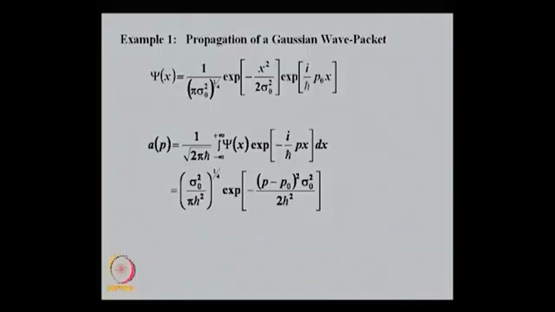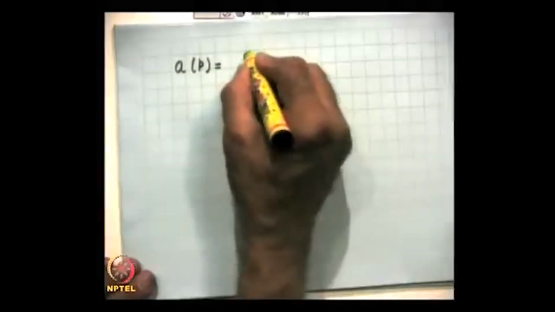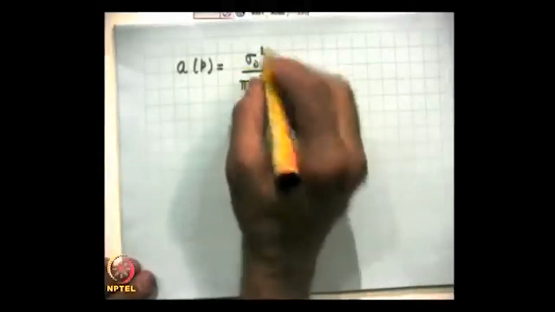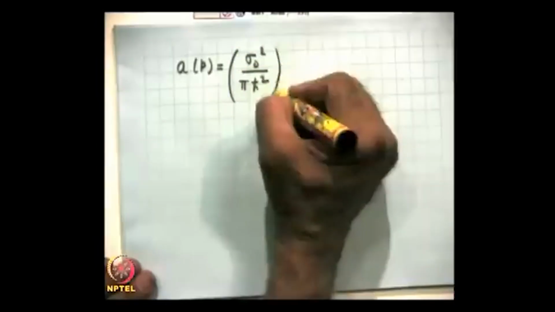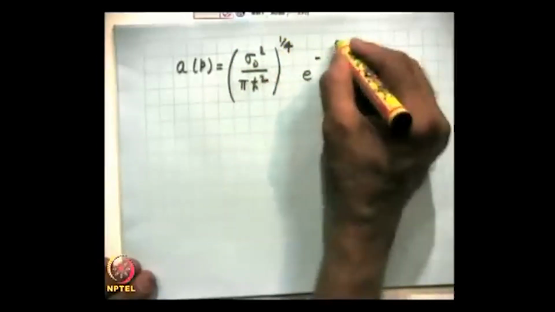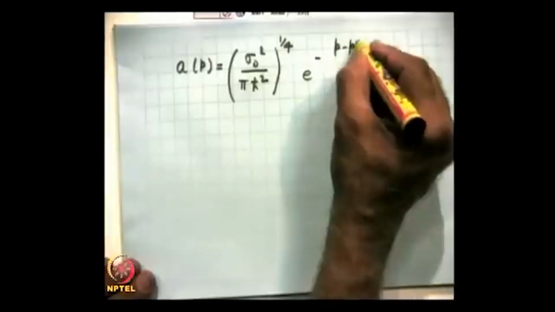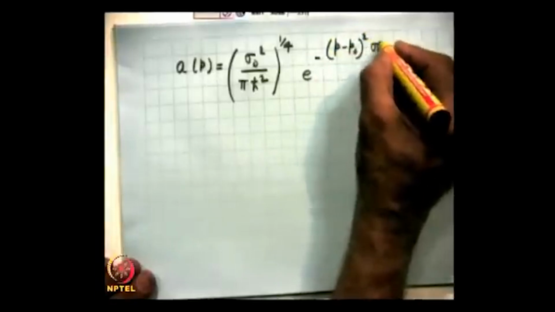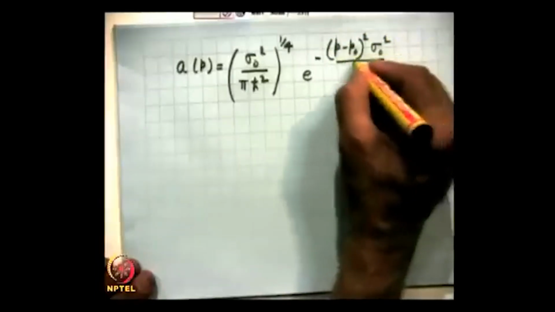So, let me write this down. We actually have the numbers now, that A of p is equal to sigma 0 square by pi h cross square raised to the power of 1 by 4, e to the power of minus p minus p 0 whole square sigma naught square by h cross square.